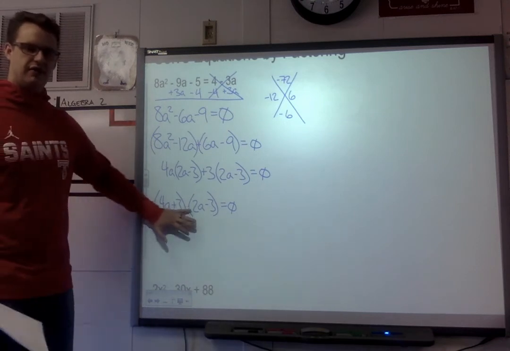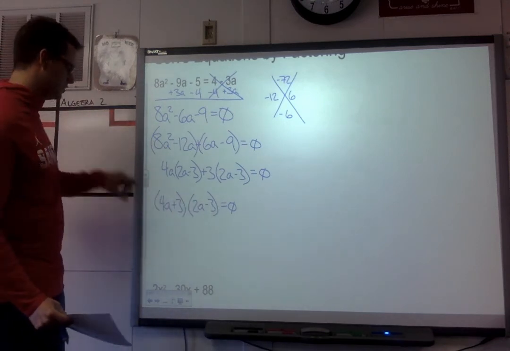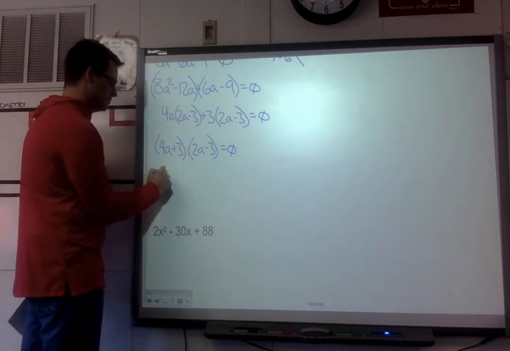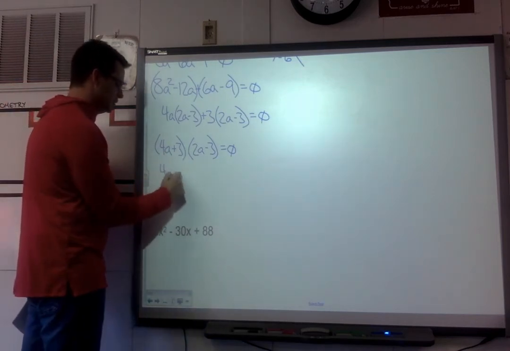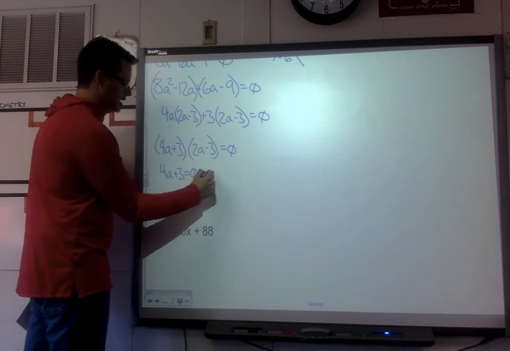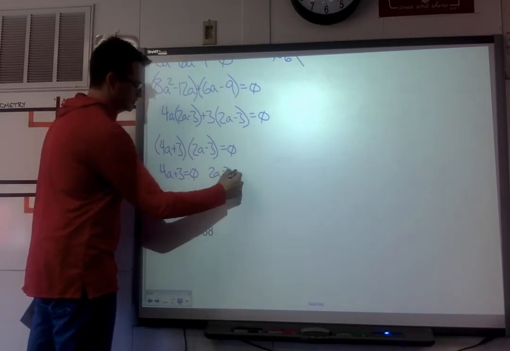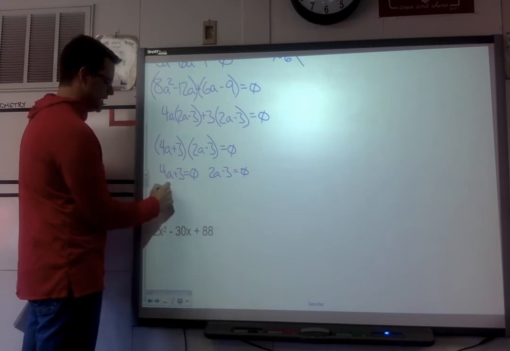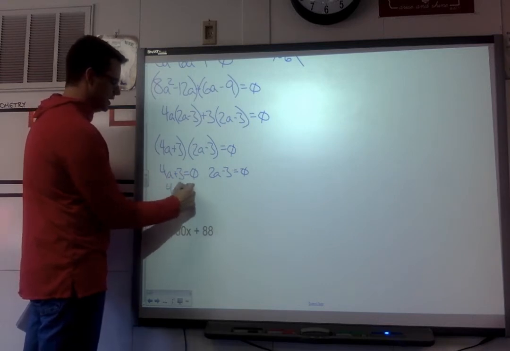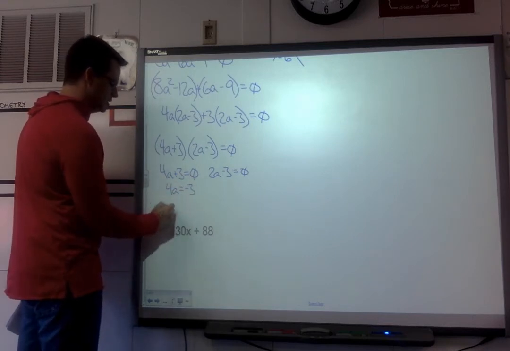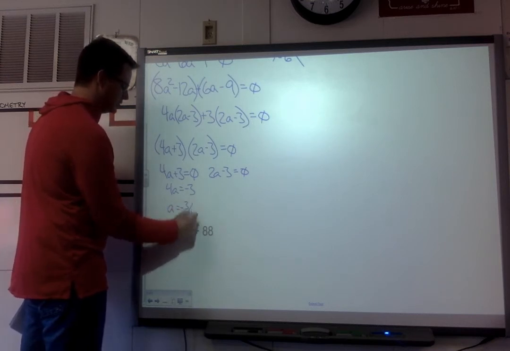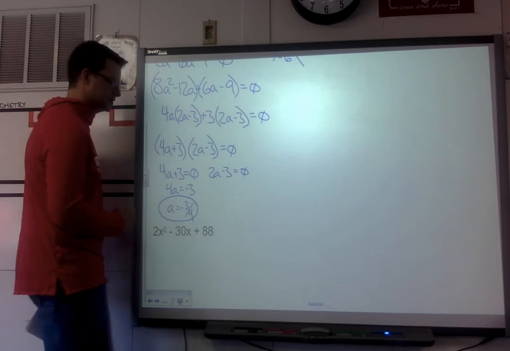So now that I've got it factored and set equal to 0, my last step is just to set each of these binomials equal to 0 and solve for a. So on the 4a plus 3, I would subtract 3, which gives me 4a equals negative 3. Divide by 4, and I would get a equals negative 3/4.